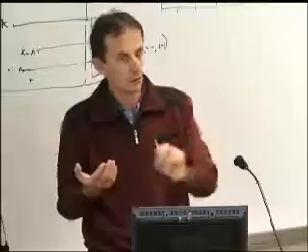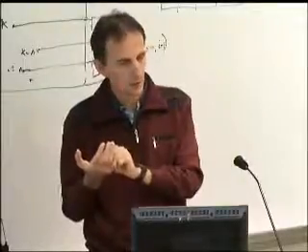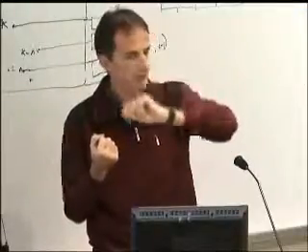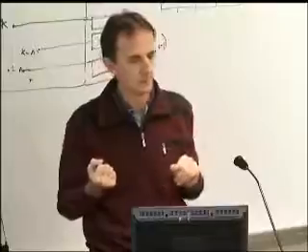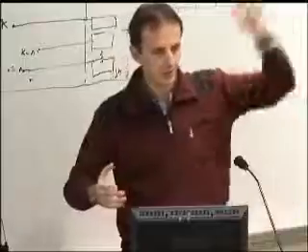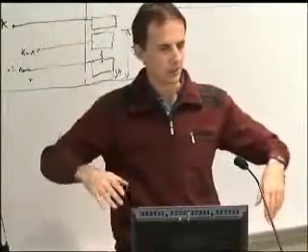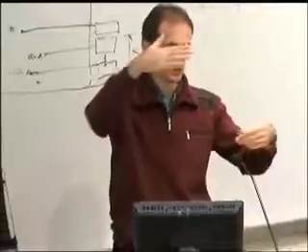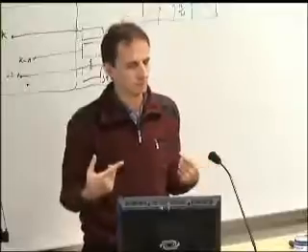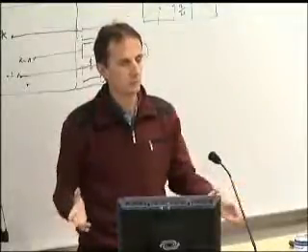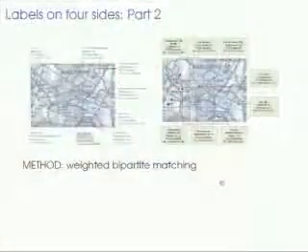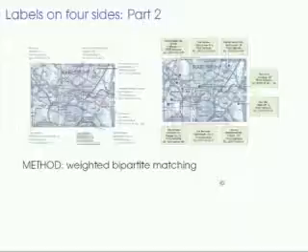That means if there is a leader from that point to this label, then it will cost you that length. And that gives the graph. So you have the labels and the points, and you have edges of potential leaders with weights of the length. Then you do a minimum weight bipartite matching. Conceptually, very easy.